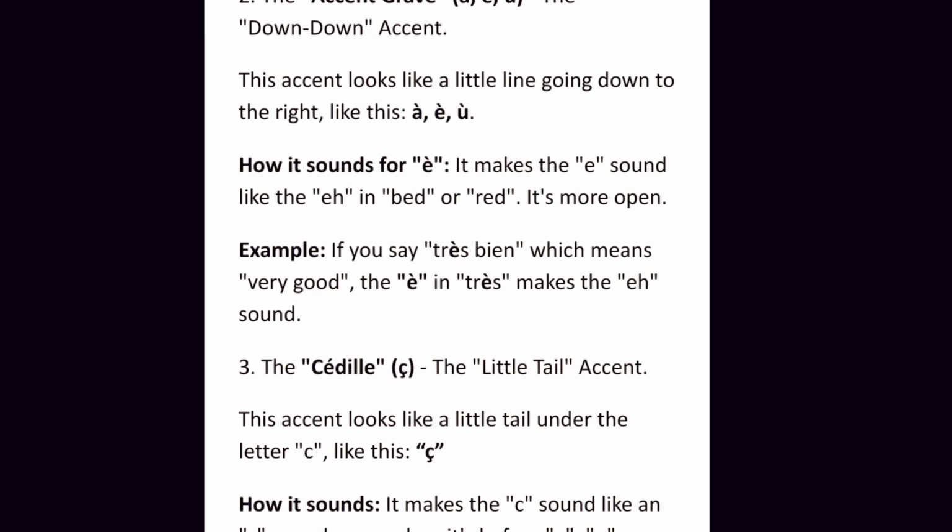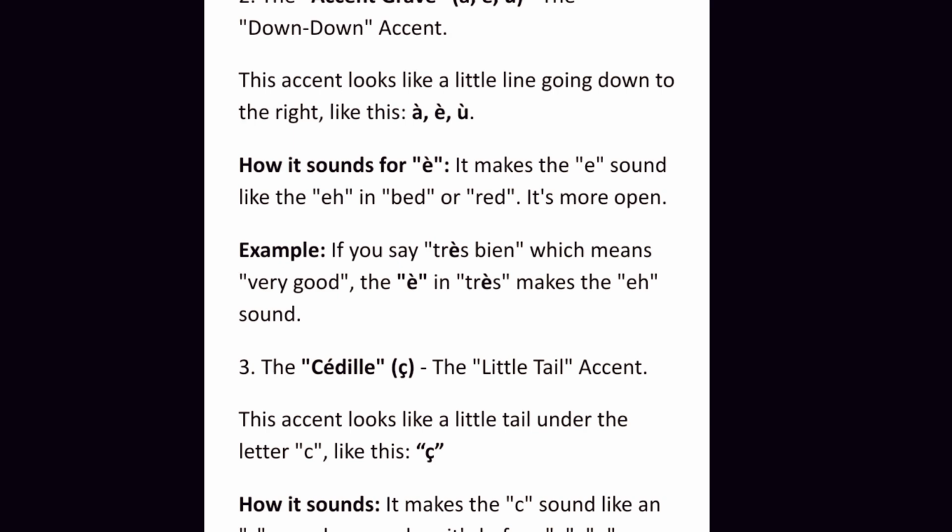Normally we have this accent on the A, on the E, and then the U. Unlike the first accent, aigu, that is only on the E, where the E that I'm pronouncing in French A is E, not the A as English A, but A as French A, which is E.